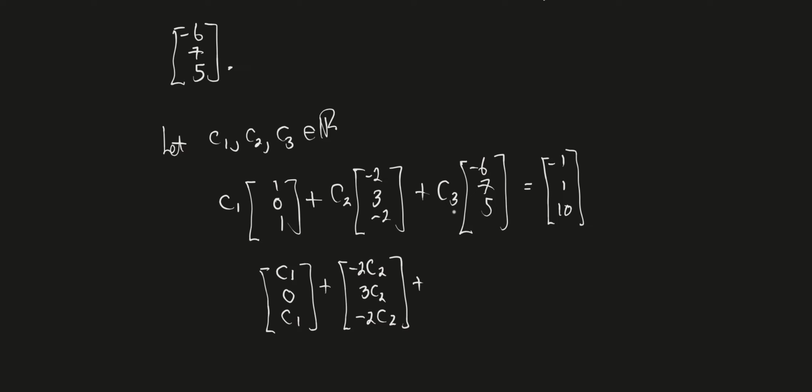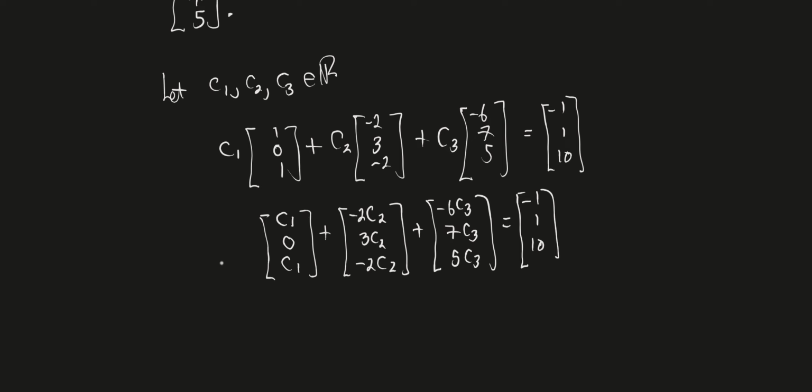If I distribute the c3, the third column on the left becomes -6c3, 7c3, 5c3. And then I still have my single column on the right. So -1, 1, 10. Well, again, if I perform my operations of vector addition, I would add the corresponding entries or the corresponding components, right?